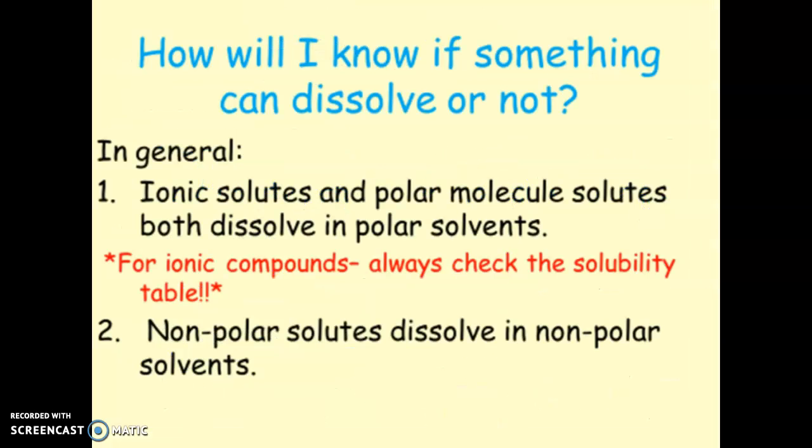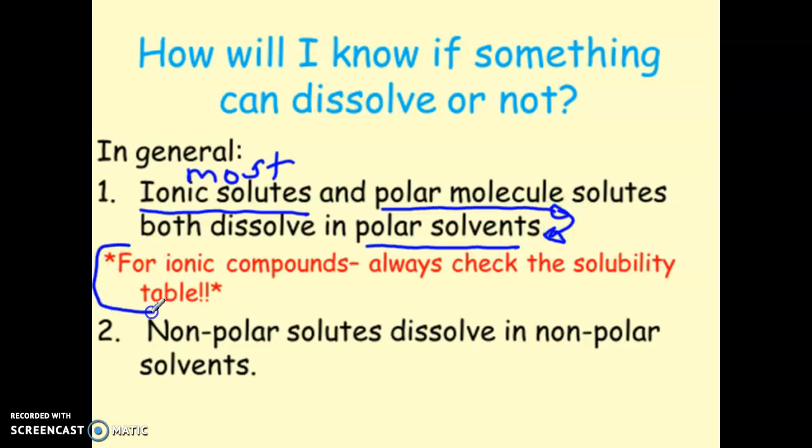Okay, so in general, how will you know if something is able to dissolve? So first of all, in a polar solvent, most ionic solutes are able to dissolve, and of course polar molecules, because like dissolves like.